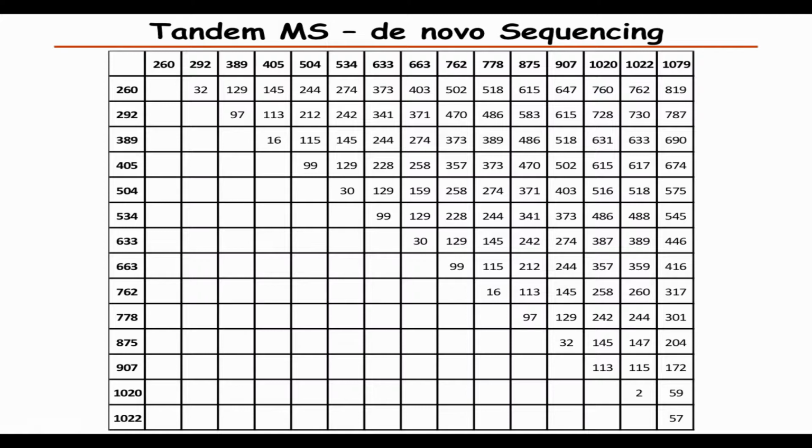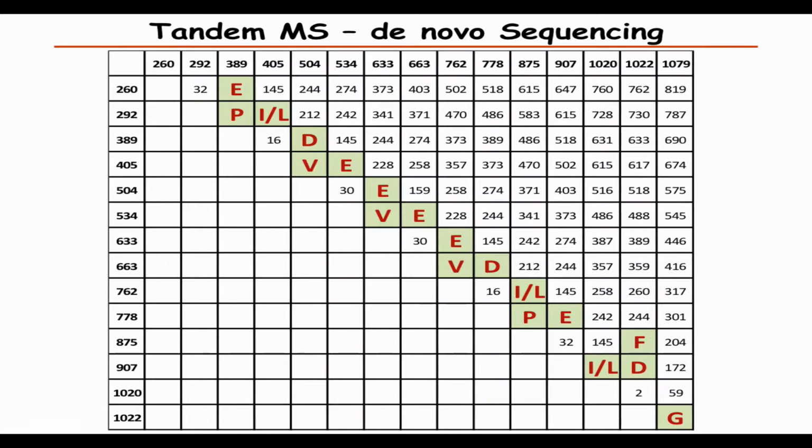And we can then look at the ones. So these are the mass differences that correspond to amino acids that have been marked in green. And then we can switch to the amino acid symbol. And the case always, what we have is isoleucine and leucine have exactly the same mass.